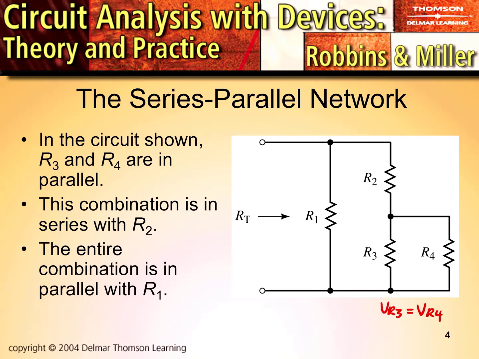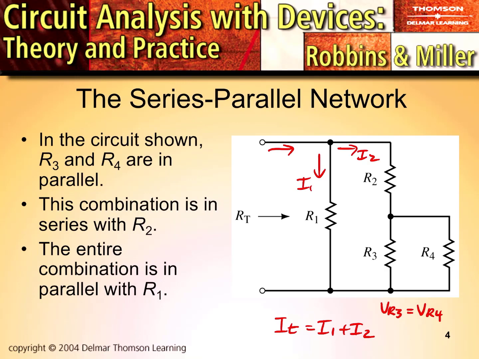We can say that the current I total, so we're going to have I total here. If we call this I1 and we call this I2, we can say I total equals I1 plus I2.